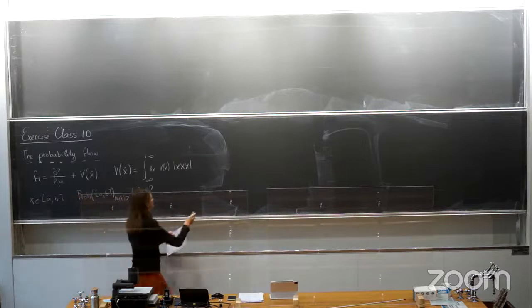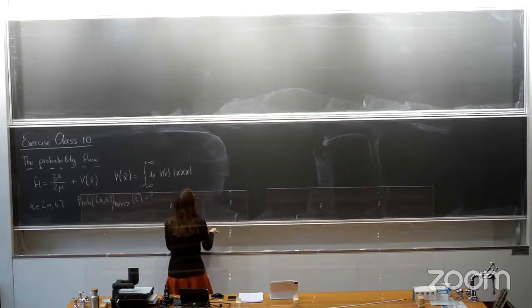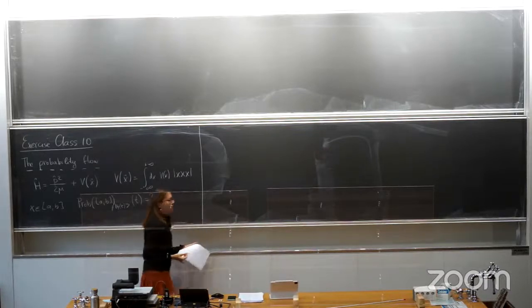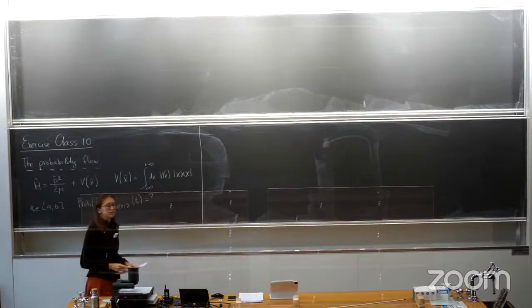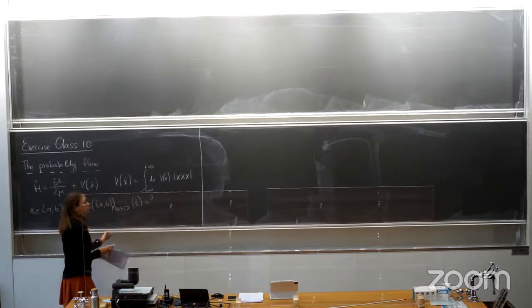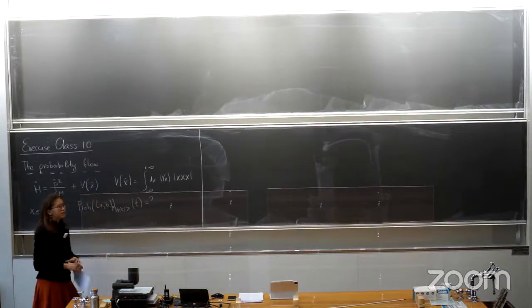Okay, to do so, we first need to calculate how the probability density changes. And then we can just integrate that probability density and essentially get our probability to find a particle in the interval AB.